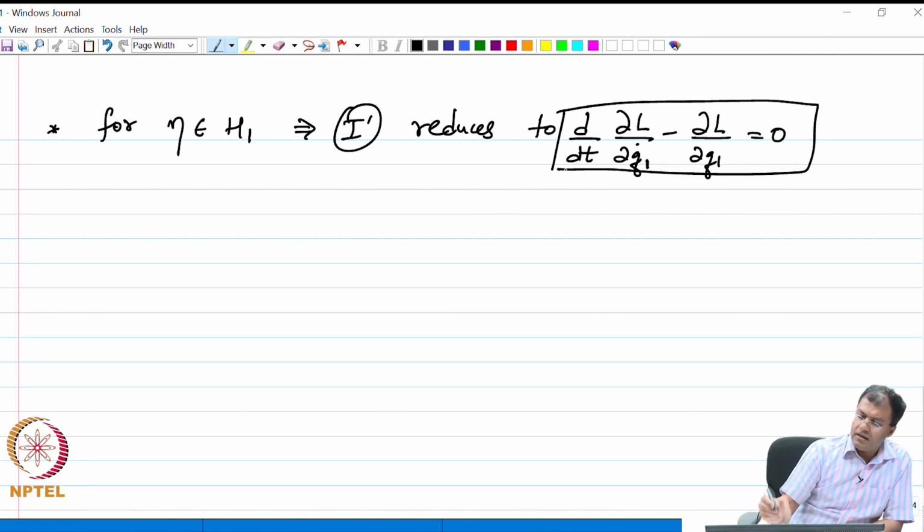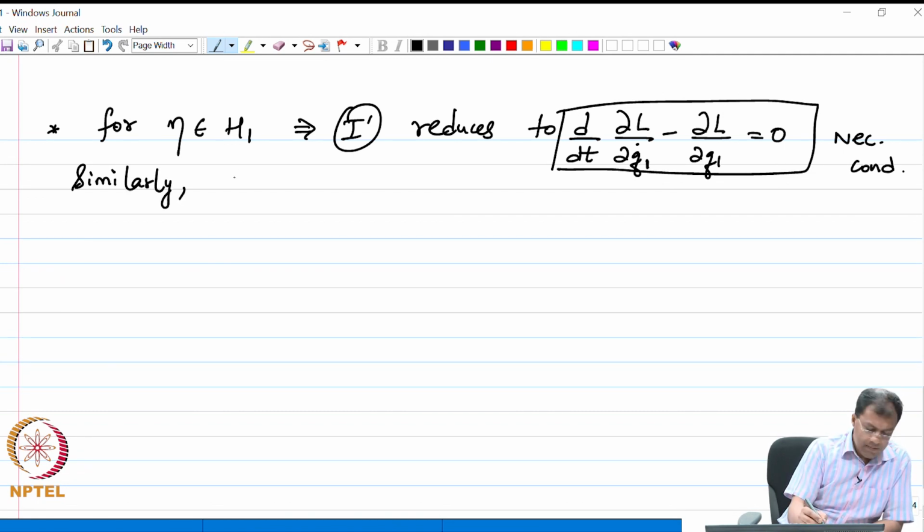That is my Euler-Lagrange equation with respect to the first variable for the choice of perturbations we have just chosen. That is my necessary condition. Similarly, we can choose perturbations for other components.